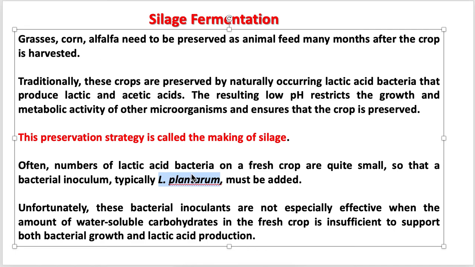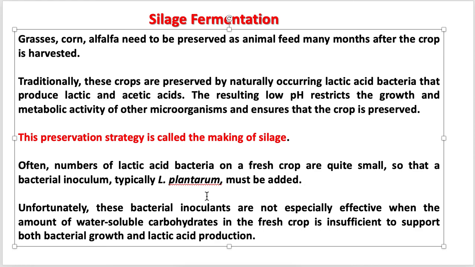It's a lactic acid producing bacteria. As the initial fresh crops don't contain a good number of the bacteria, we need to inoculate the bacteria. That means we actually have to produce this bacteria by another fermentation. Anyway, it was one problem.